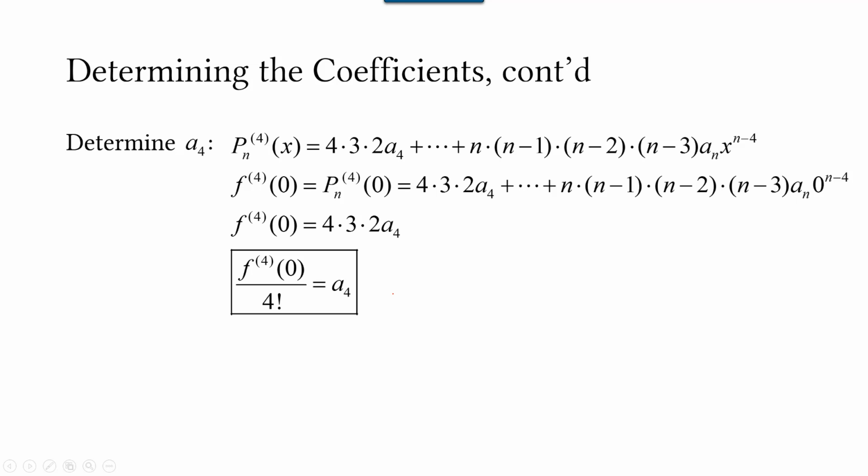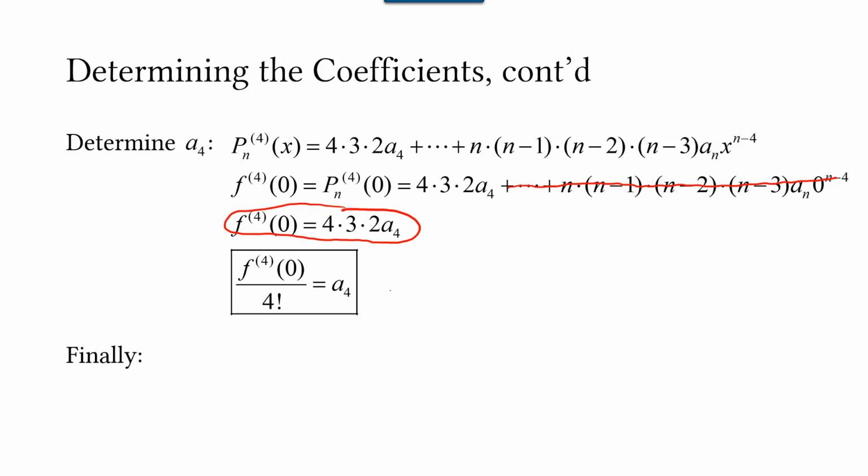We do one more. The fourth derivative of the polynomial we can write down. And then if I plug in 0, everything past the first term would have a 0 in it, and so would vanish. And so requiring that the fourth derivatives are equal at 0, I have a way of determining a sub 4, and it's the fourth derivative of f at 0 divided by 4 factorial.